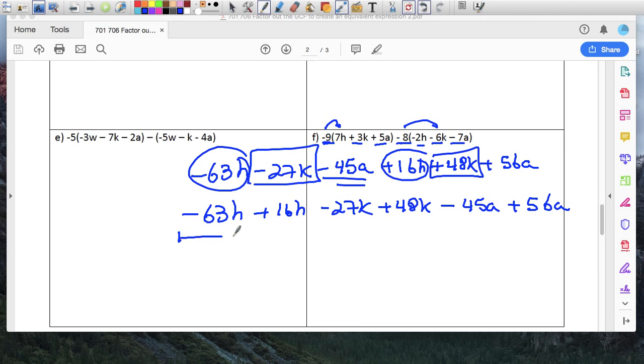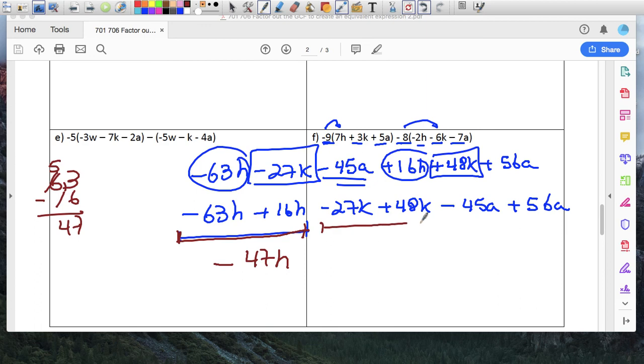Well, let's do these two first. Negative 63 plus 16. There's more negatives, so there's going to be negative something h, right? So it's going to be 63 minus 16, 47. So it's going to be negative 47h.